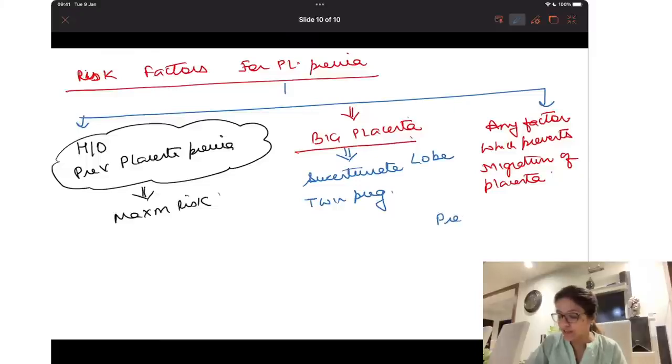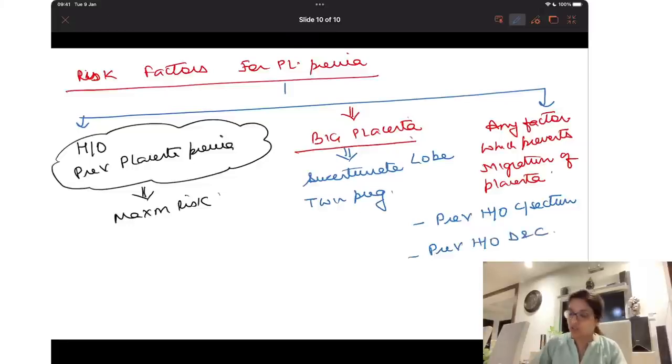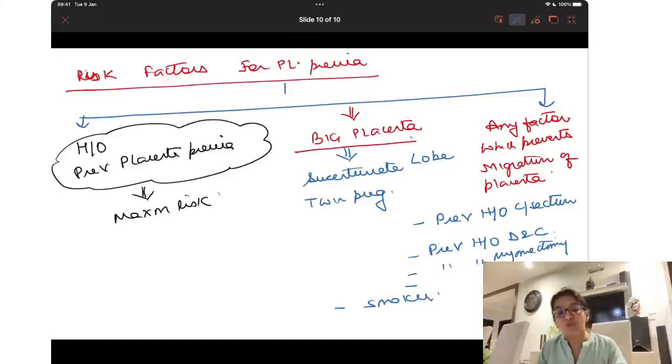For example, if there is a previous history of cesarean section, or a previous history of dilatation and curettage, or a previous history of myomectomy, or if your patient is a smoker. Why a smoker? Because when she smokes, it is going to lead to endometritis. So endometritis in itself is also a risk factor, right?